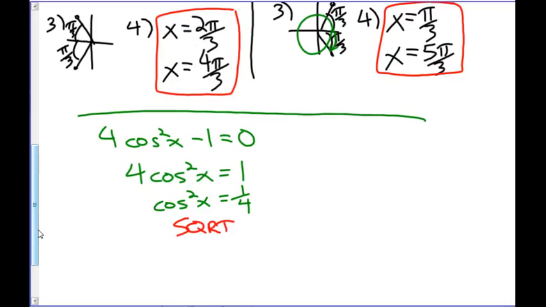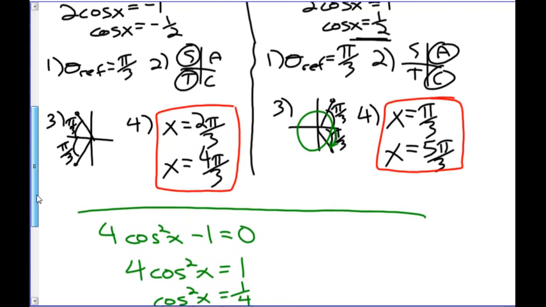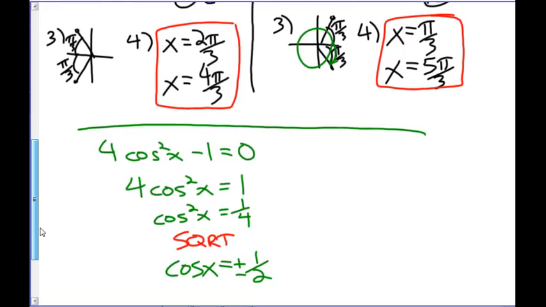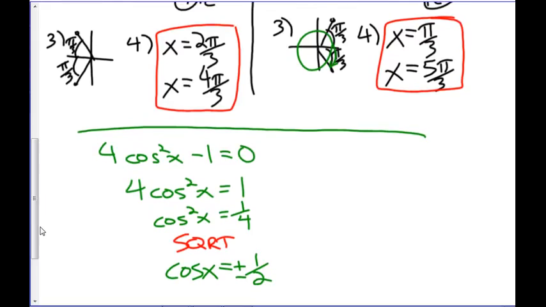You can do that. But the thing you need to remember is that when you square root in an equation, and the square root of a quarter is a half, you need plus or minus. So it's still going to give you both of the elementary equations we had up above.